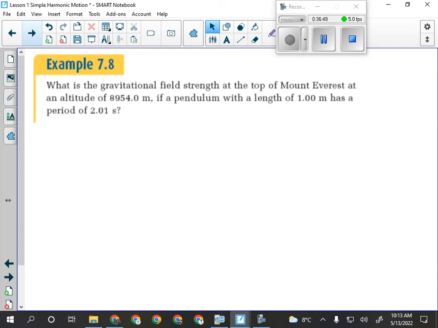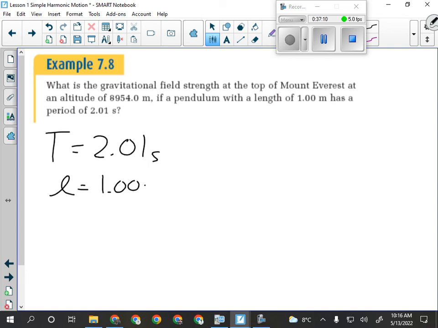Gravitational field strength is acceleration due to gravity, which can be calculated using a pendulum. Okay, so we're looking for the gravitational field strength. We have the period, 2.01 seconds. And we have the length, 1.00 meters.